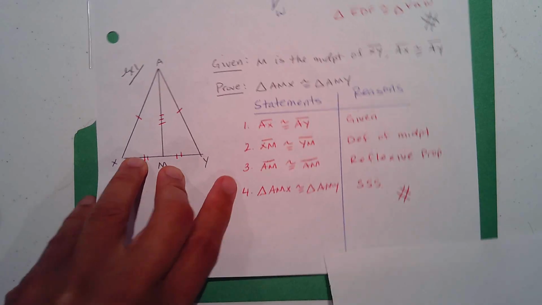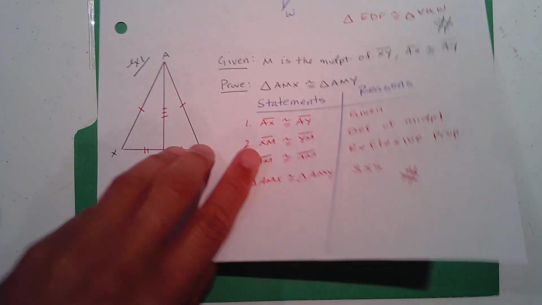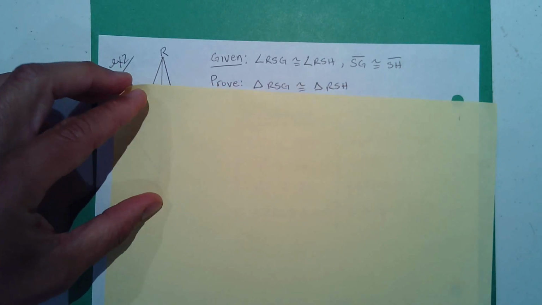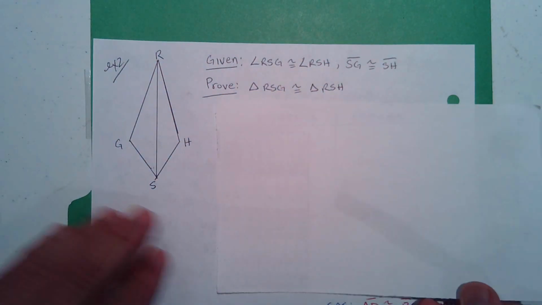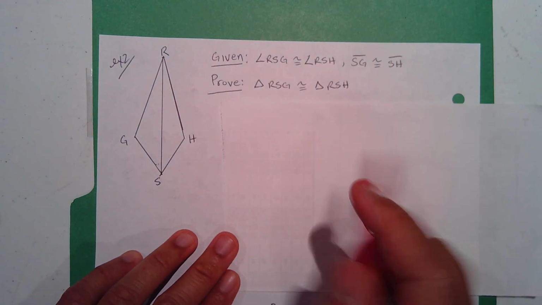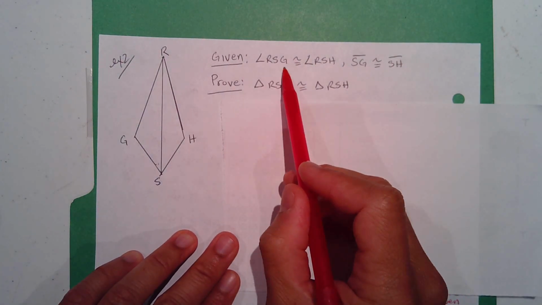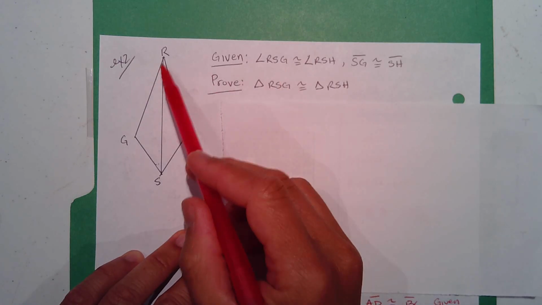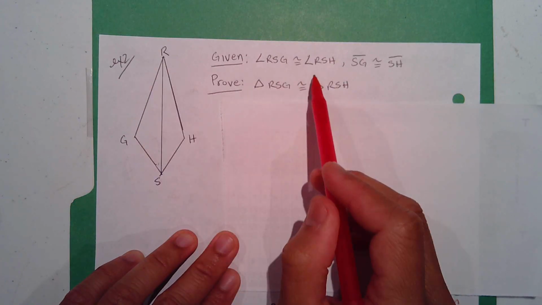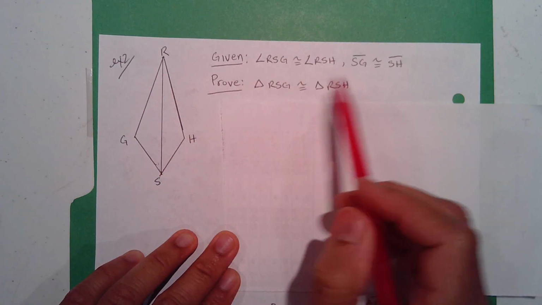All right, next page. So let's look at example 2. It says given angle RSG is congruent to angle RSH.